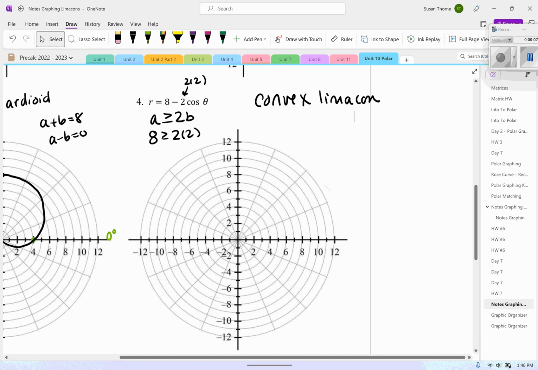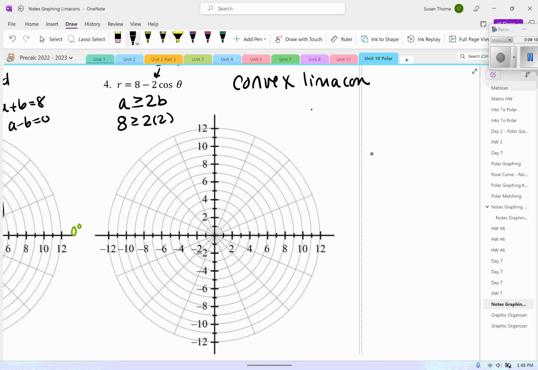So for this, if we graph this equation, we have our maximum r value, a plus b, again, ignoring the signs, its absolute value. So 8 plus 2 is 10. And then a minus b, again, ignoring the signs, absolute values, we would get 6. So we have cosine, and because it's negative, that means the maximum r value, we're going to go out a distance of 10 in this direction from the pole, and from the pole out a distance of 6.